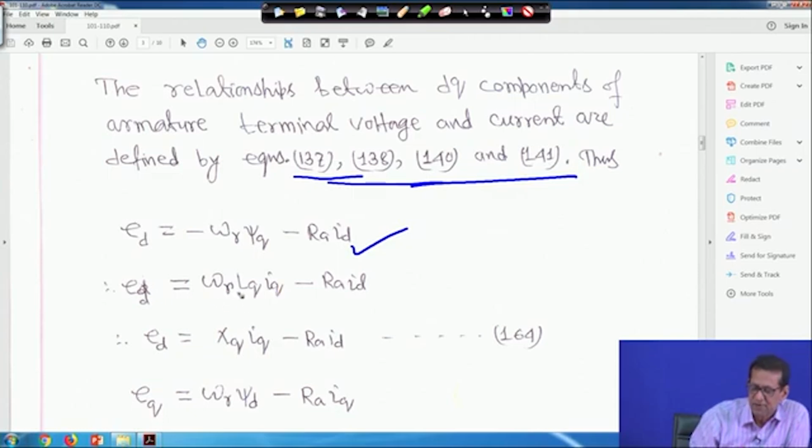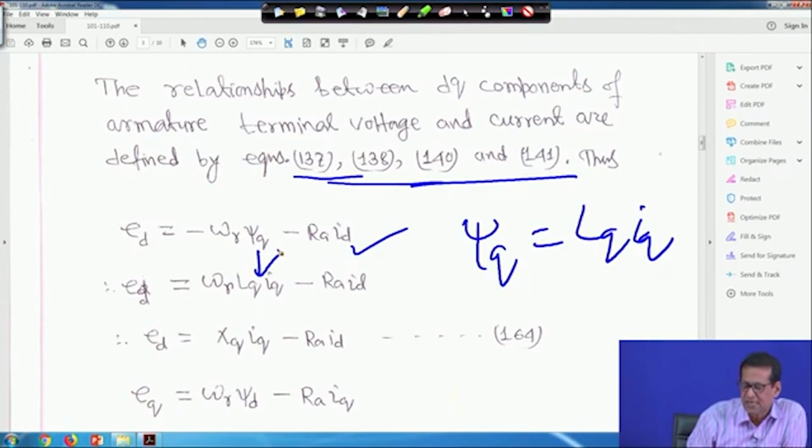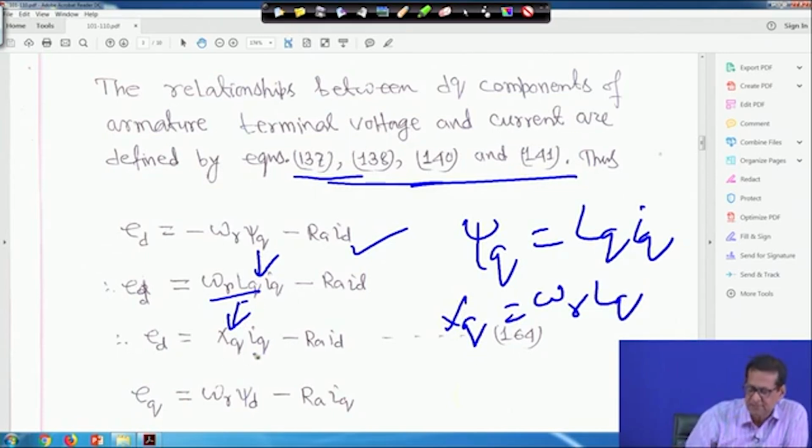So, with psi q equal to LQ IQ substituted here, we get omega r LQ IQ minus RA ID, and omega r LQ is nothing but XQ. So, XQ is equal to omega r LQ. Basically, ED is actually XQ IQ minus RA ID.